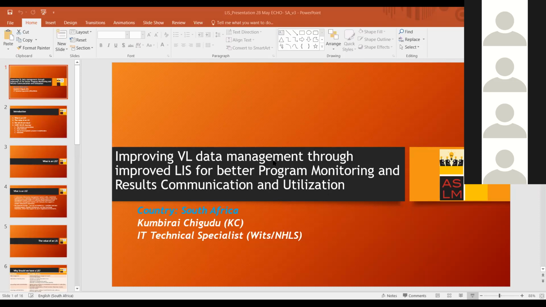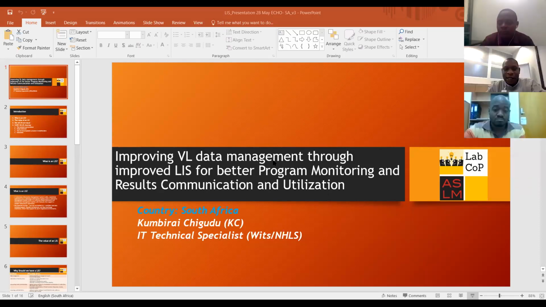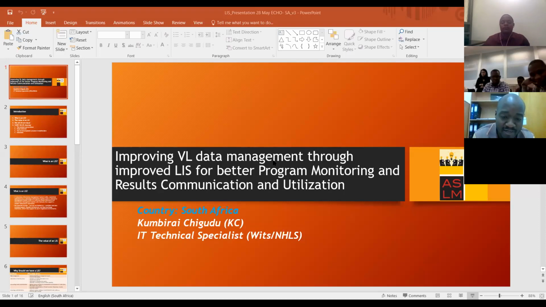The key features of an LIS include workflow management, data tracking support, flexible architecture, and data exchange interfaces, which are most importantly used in a regulated environment. These are just key features, but not limited to that. There's an aspect of workflow management. You can actually see what we are doing in terms of tracking the activities of the lab, and it is also an element of exchange in terms of data.